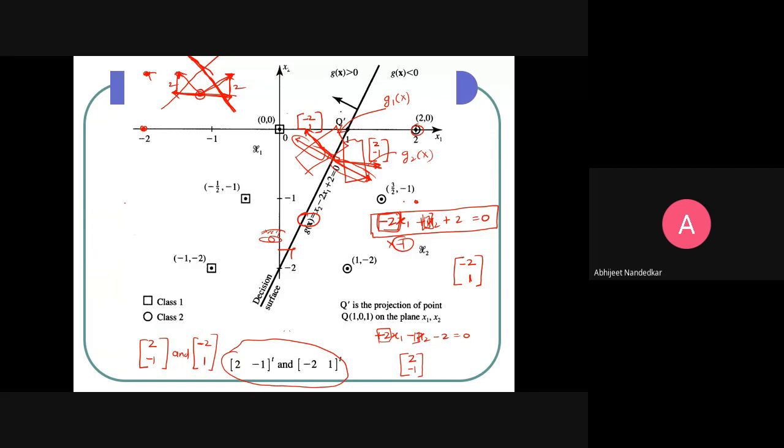So what is happening here is you can just see that, say this is plane number 1 and there will be another plane here like this, and this will be your actual decision line. So I may call this G1x, I will call this G2x.